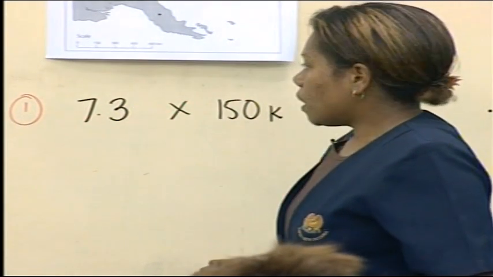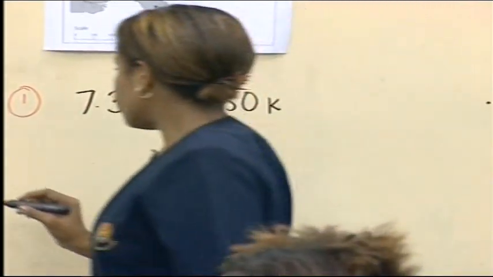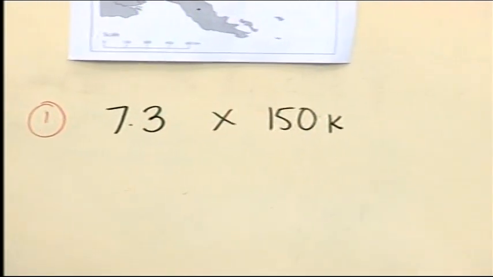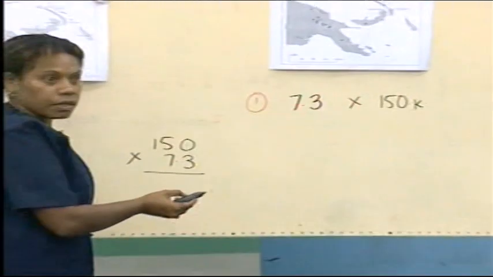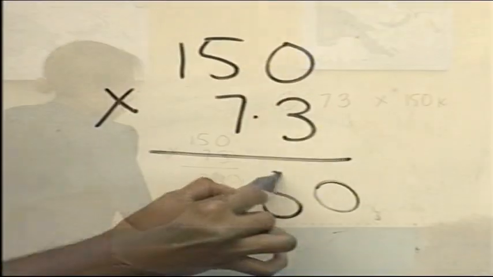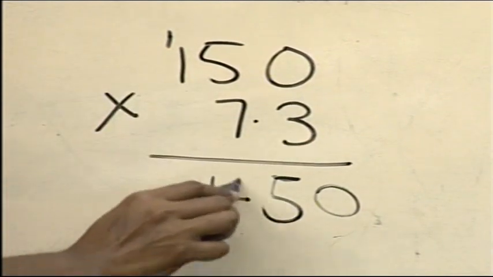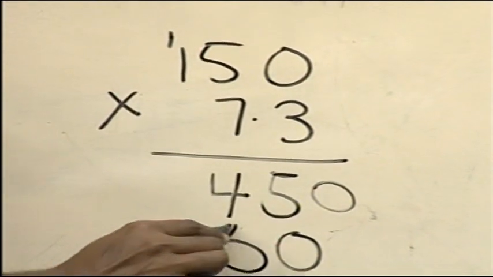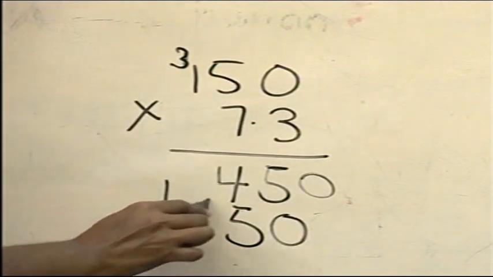So what's 150 times 7.3? 0 threes are 0, 5 threes are 15, put down 5, carry 1, 1 three is 3, plus 1 is 4. 0 sevens, 0, 5 sevens, 35, put down 5, carry 3, 1 seven is 7, plus 3, 10.